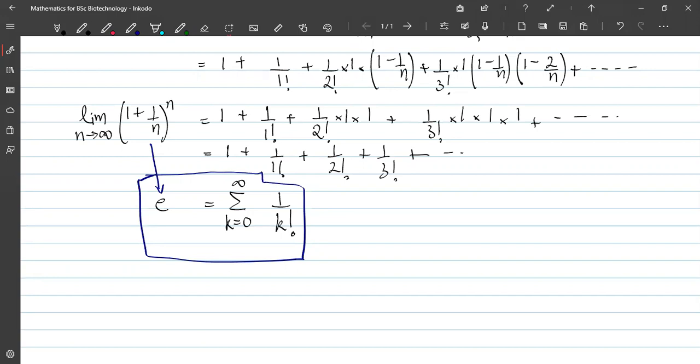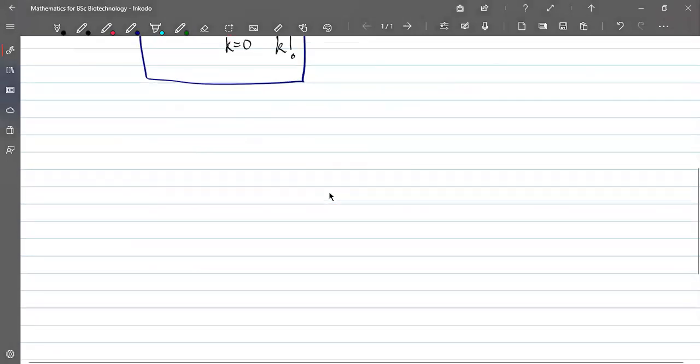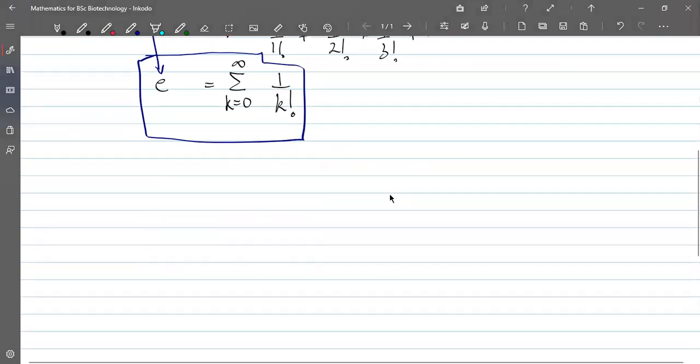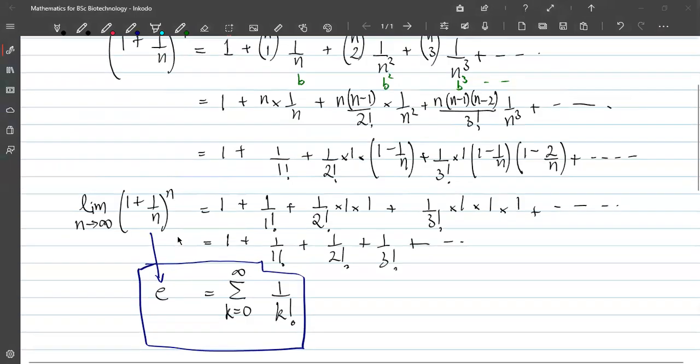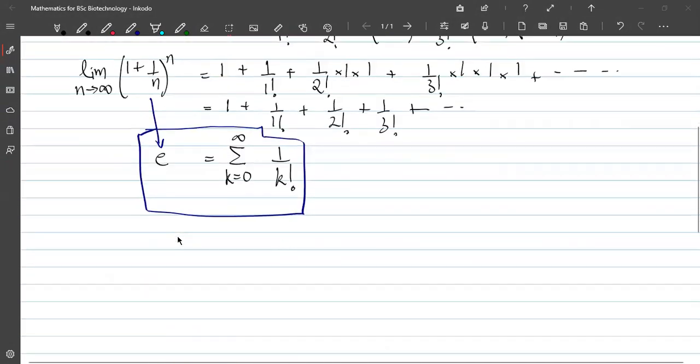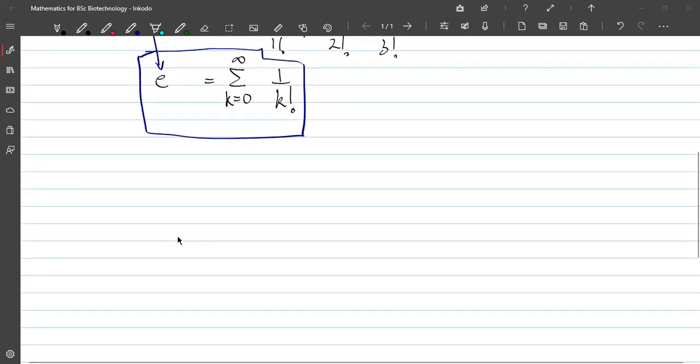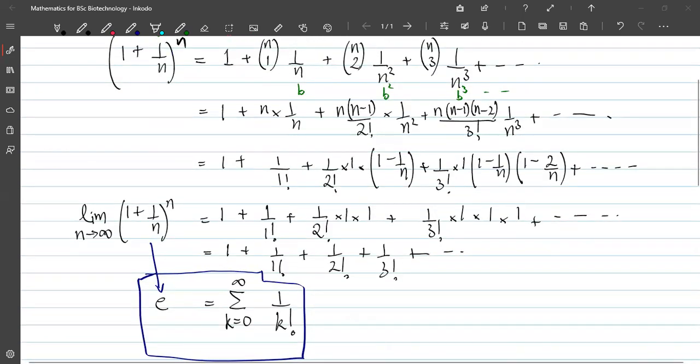All right. So the importance of E is not its value as such, but as we'll see in differentiation, it also gives rise to an important function. Okay, so just a minute. Okay.